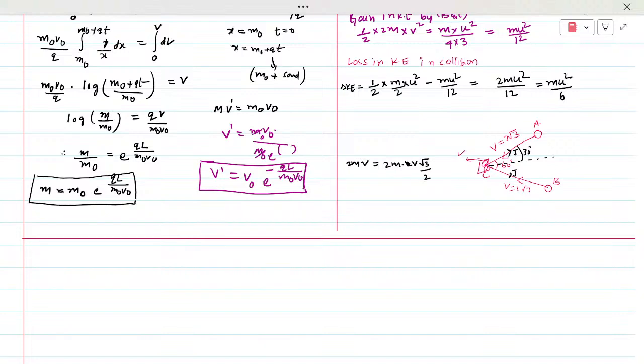Directly I am writing, 2m gets cancelled. Therefore the final velocity v is equal to the initial velocity given, 2 root 3, times root 3 by 2. So the 2 gets cancelled, and that equals 3 meters per second.